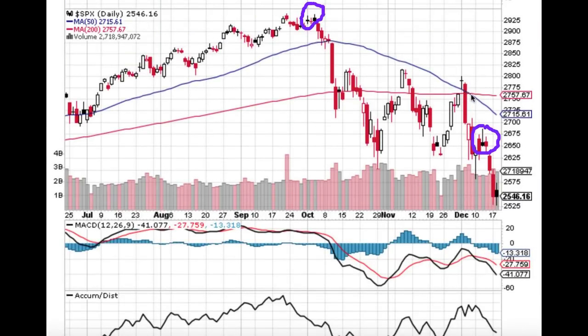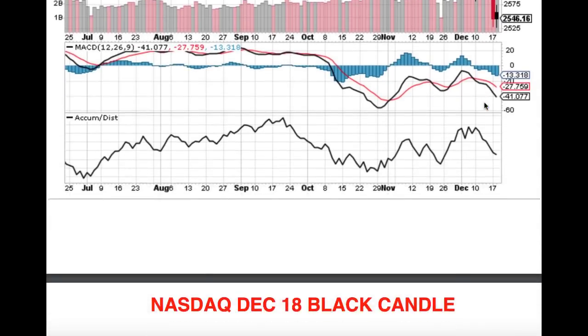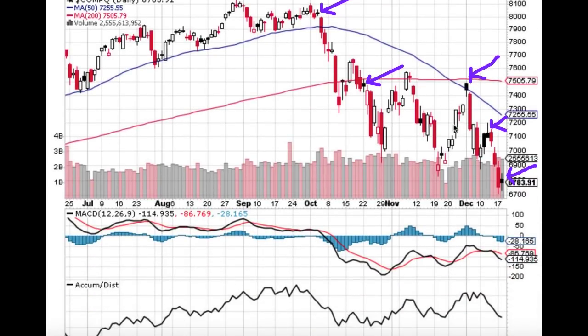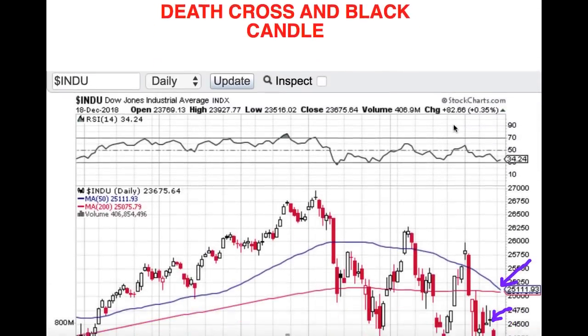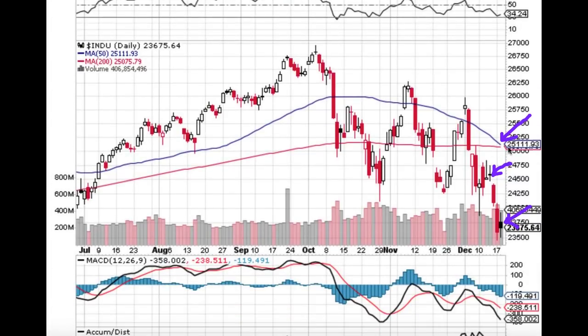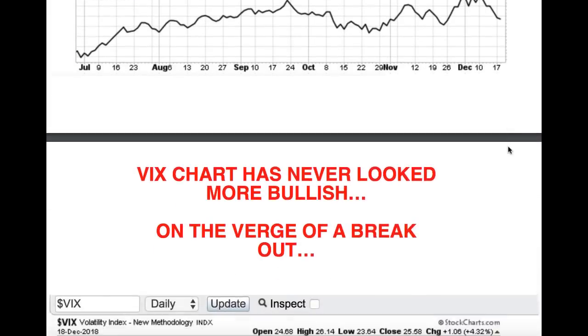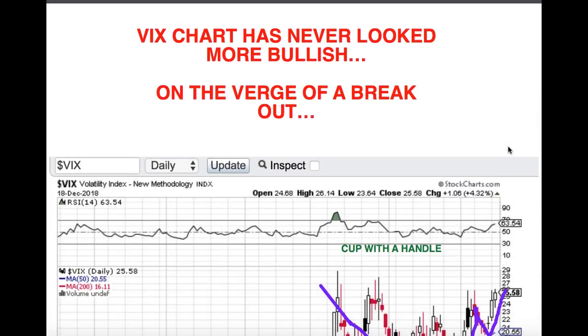See how precise this death cross was. Once the blue line crossed the orange line, the market just continued to drop. So the death cross has already taken place on S&P and on NASDAQ, and we're finally getting to a moment in history where the death cross is going to take place on the Dow Jones as well.